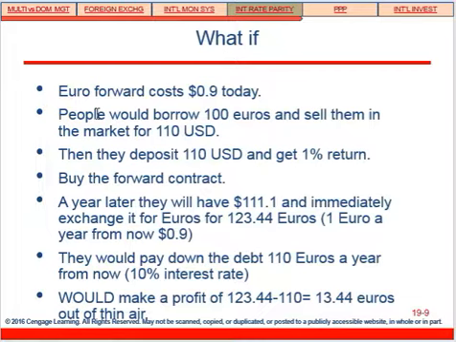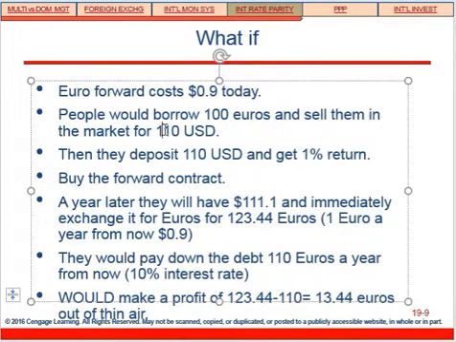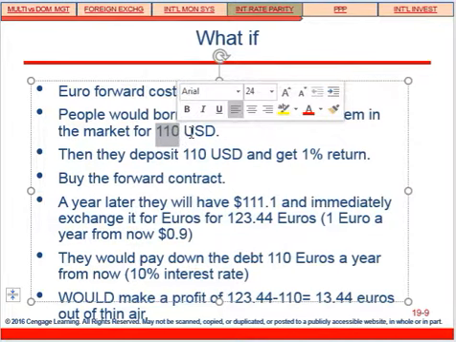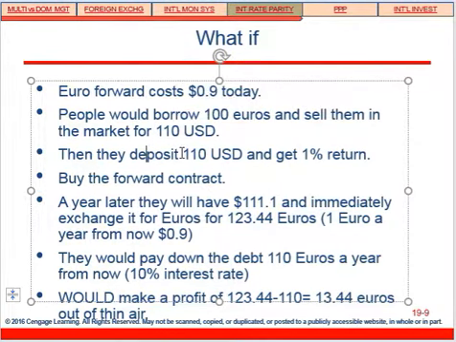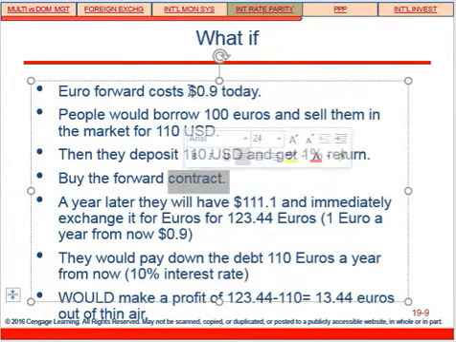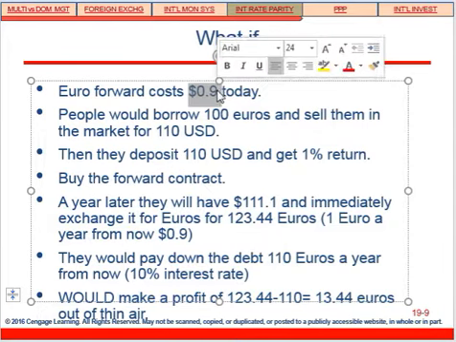It's not going to happen, first of all, but if it did, here is what would happen. People would borrow 100 euros and sell them in the market for 110 US dollars. Then they will deposit the 110 US dollars and get a 1% return. In the meantime, they will buy this lucrative forward contract.